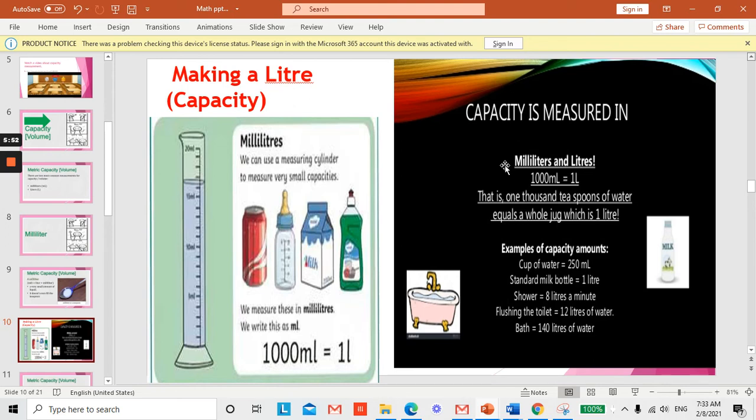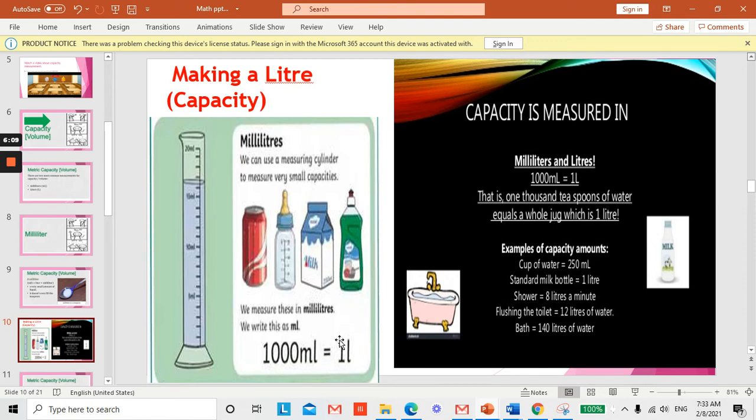Therefore, let's move to the next step. Capacity is measured in milliliters and liters.